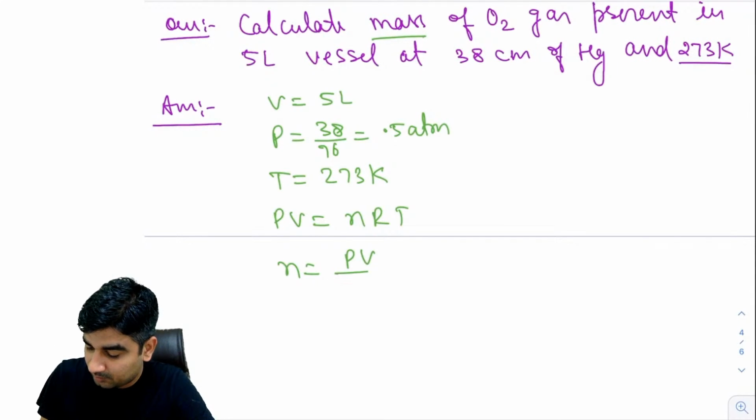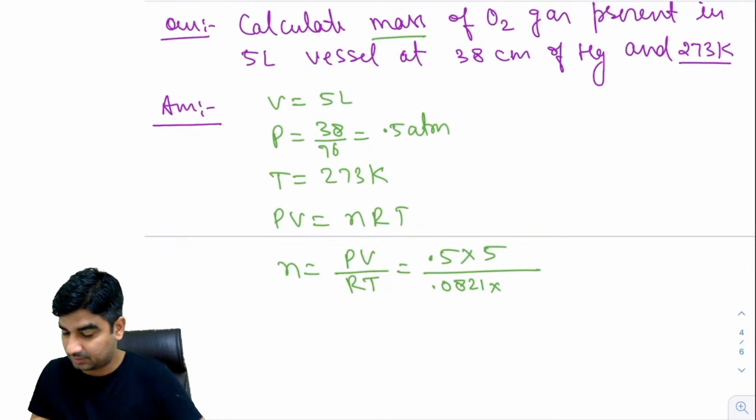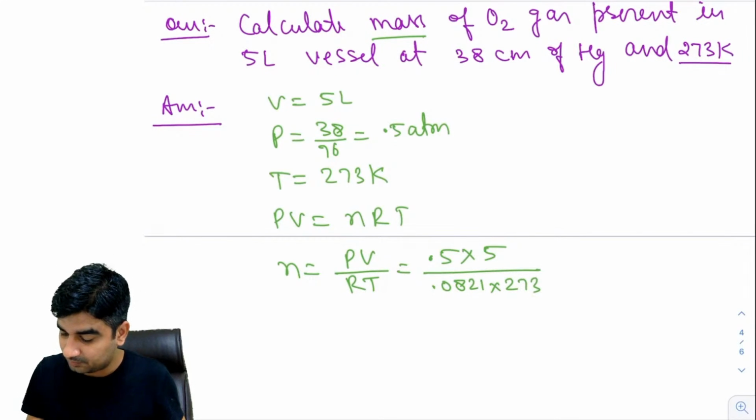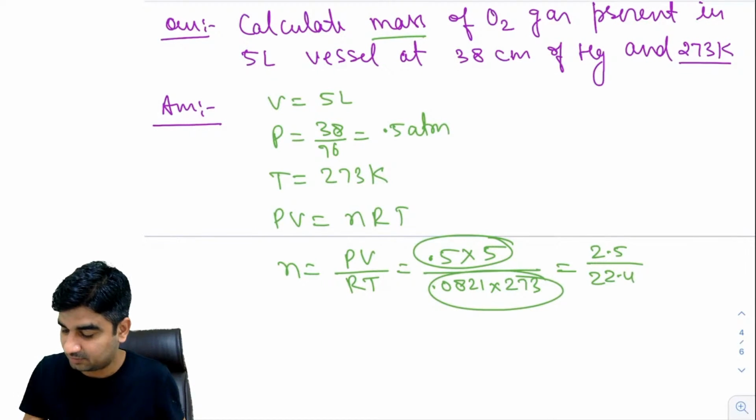Moles will be PV upon RT. So pressure is 0.5, volume is 5 and temperature is 273.